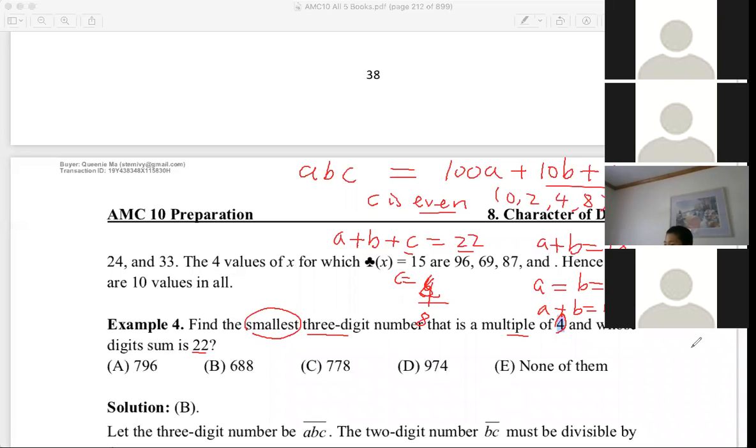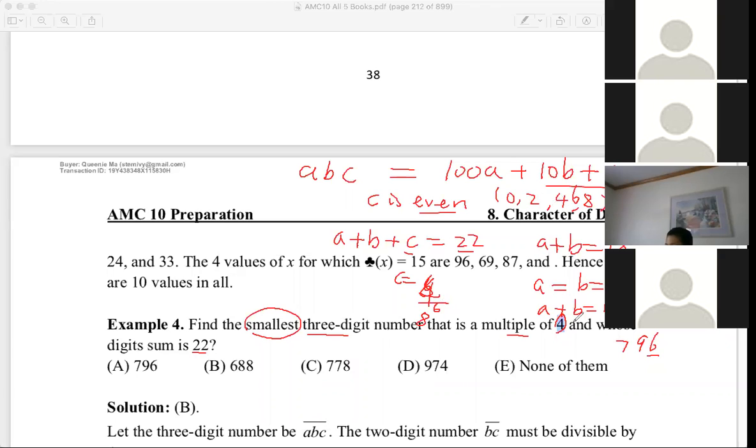Now let's see if we have other choices. The last digit, oh, we have another choice, that's 6. 0, 2, 4, 6, and 8. So C can also be 6.